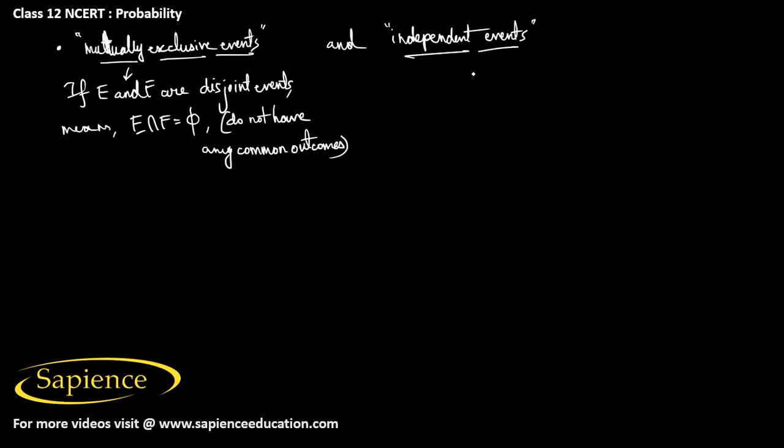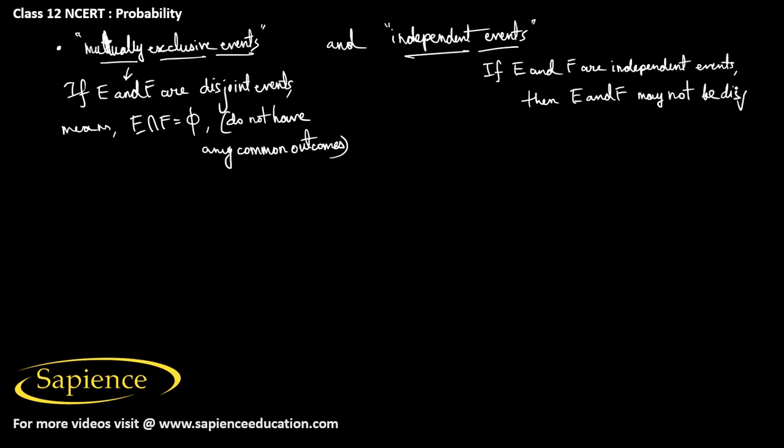And in case of independent events, if E and F are independent events, then E and F may not be disjoint sets. They may not be disjoint events.